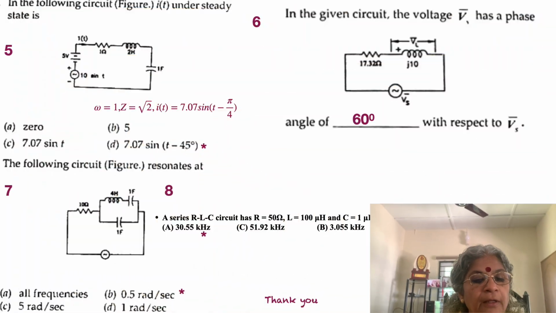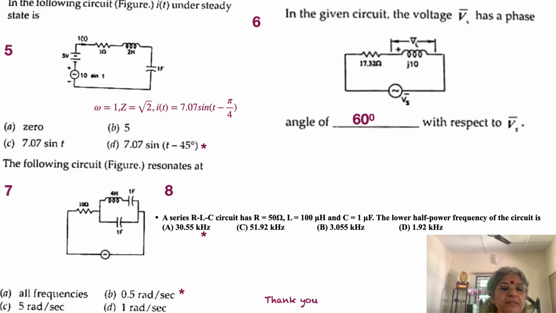So let's move on to problem number 7. In problem 7, the working out is not shown because you can easily work it out. How do you proceed? Because it's a sinusoidal source, you can always replace the inductance and the capacitance by their impedance values, that is j omega L and minus j by omega C, with C equal to 1, and then you can take the parallel combination.